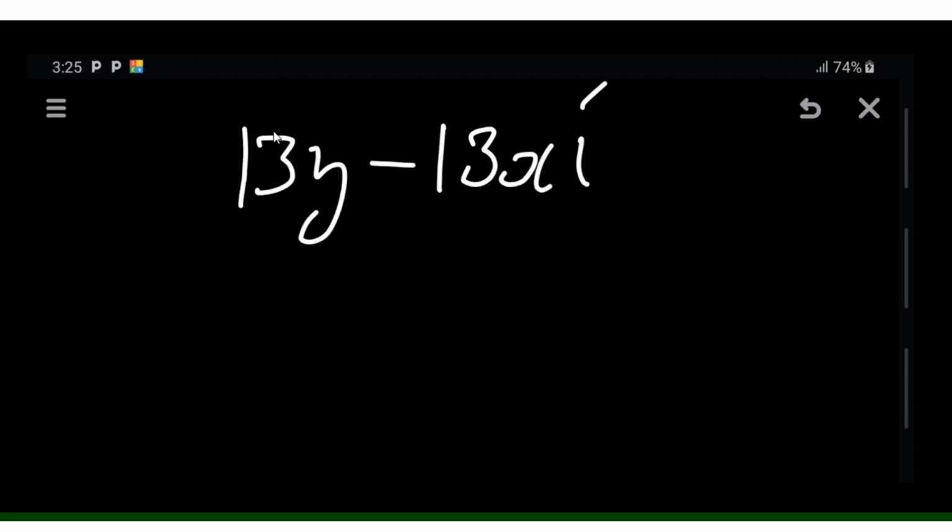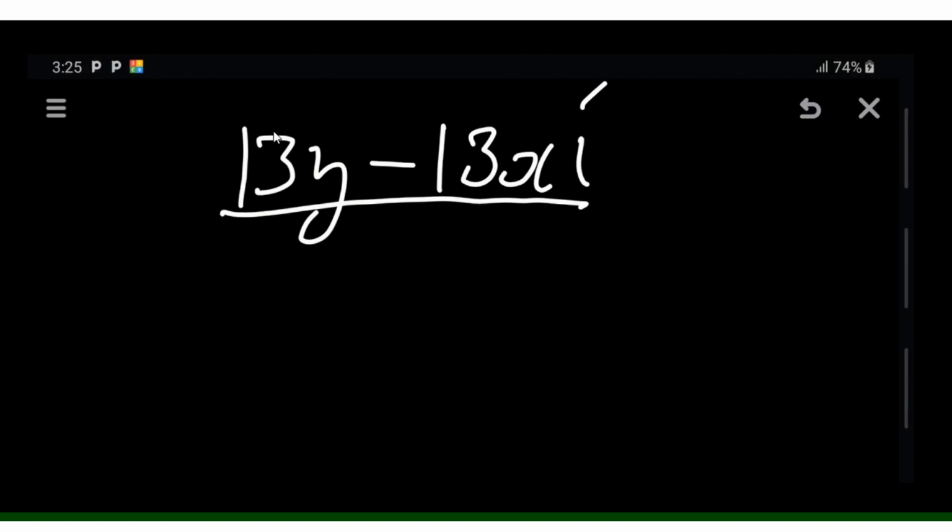Here we have what is adding up, 9y plus 4y and minus 9xi minus 4xi, so we are adding those, we are having 13y minus 13xi over, so the denominator, let's continue rationalizing the denominator.